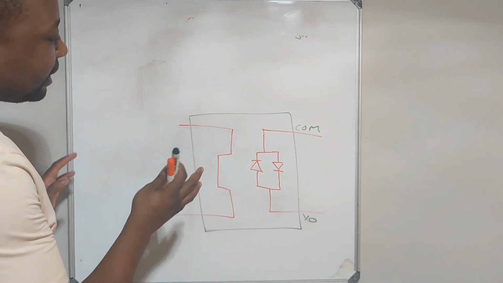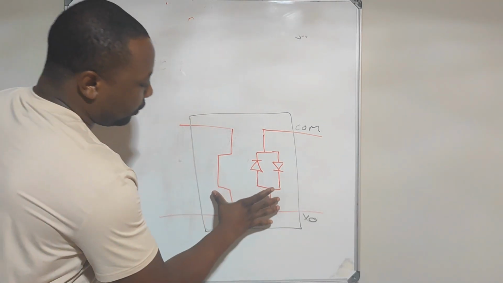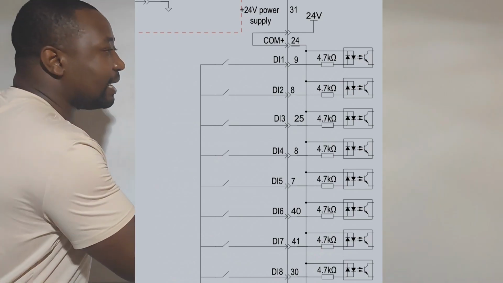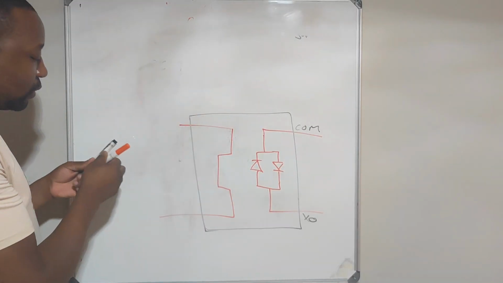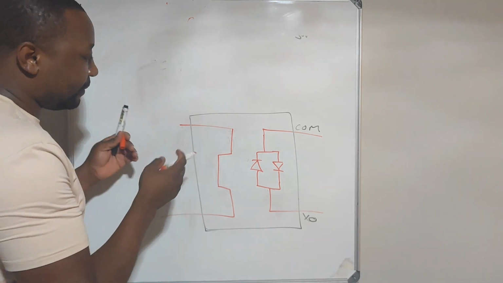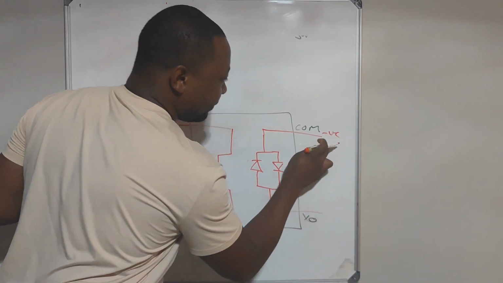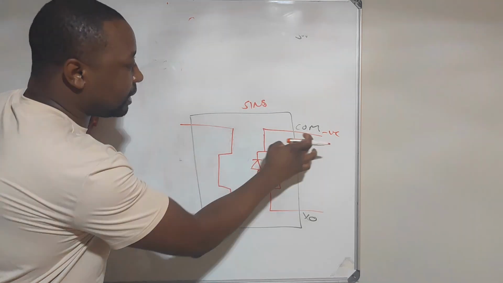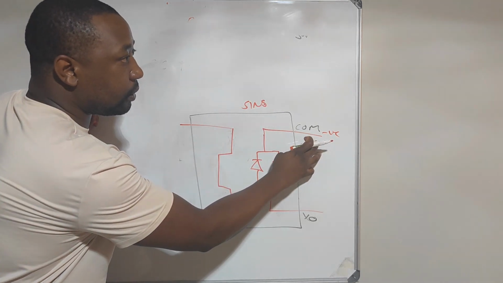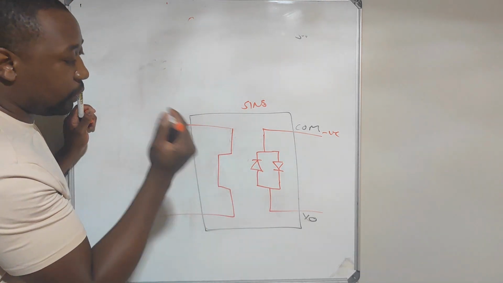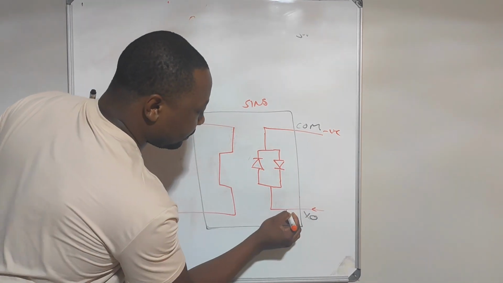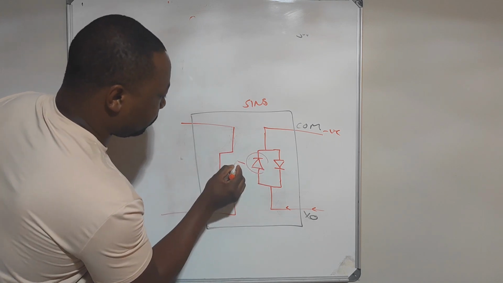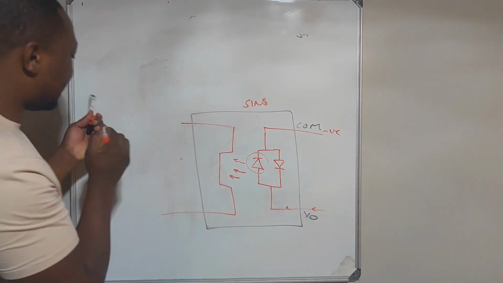So what we are saying now, if it's a sync source, you'll have two diodes, one facing up, one facing down. Remember, this is inside an opto-isolator. So what happens is that when you are syncing, this one becomes your negative. You get me? You are syncing, so this one becomes your negative, and this one is the one that is conducting, sending light right there.